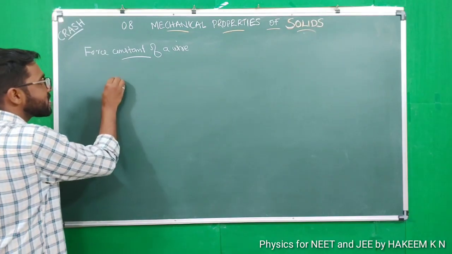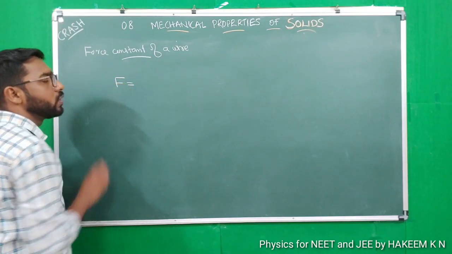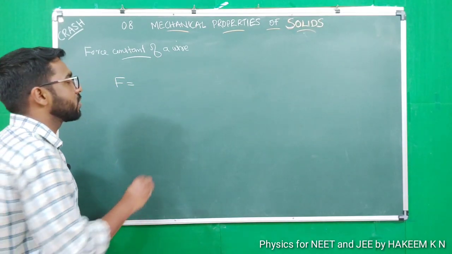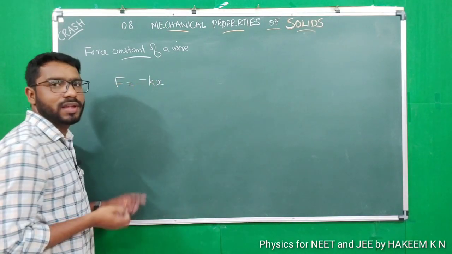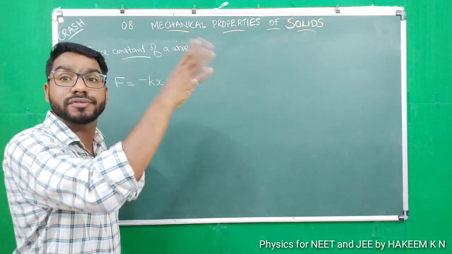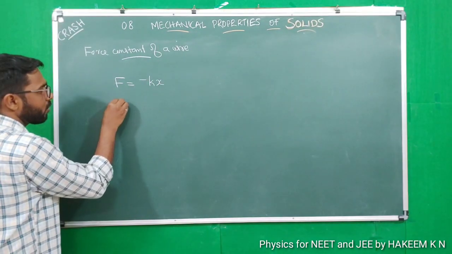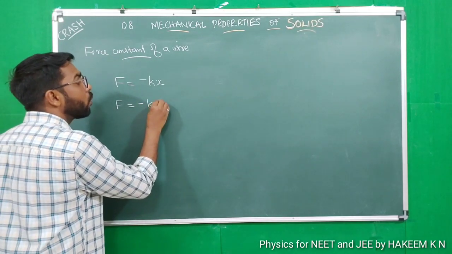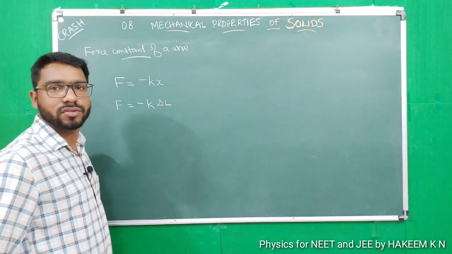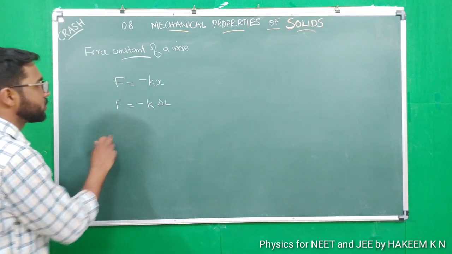So we can say that restoring force F equals minus Kx, as we discussed in the case of spring, or F equals minus K delta L, where x is the change in length, delta L.